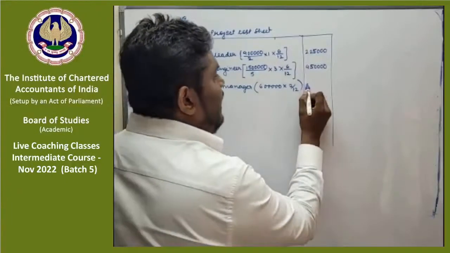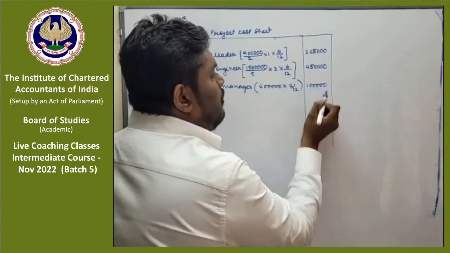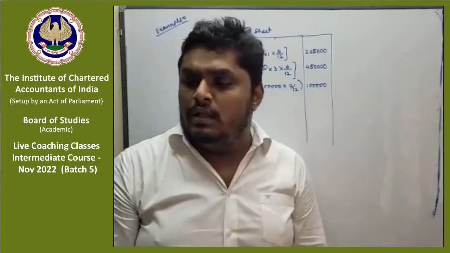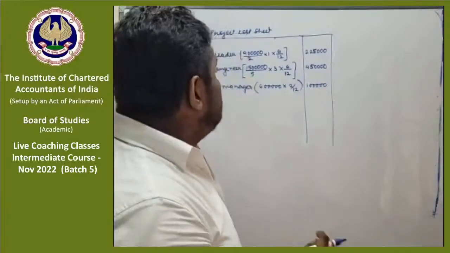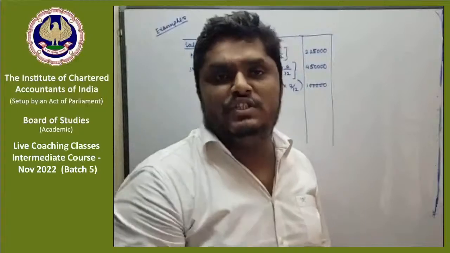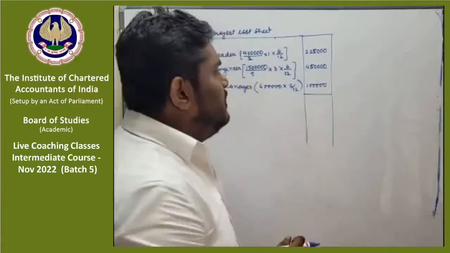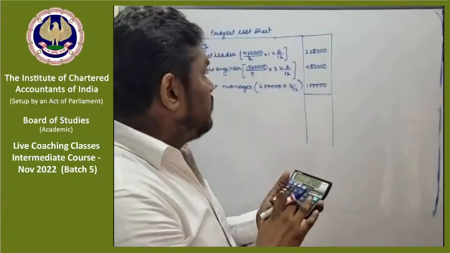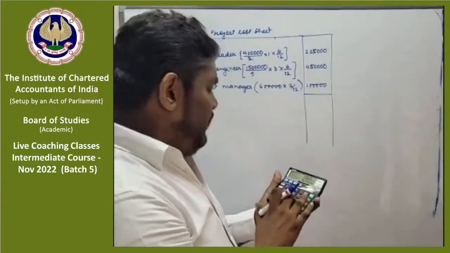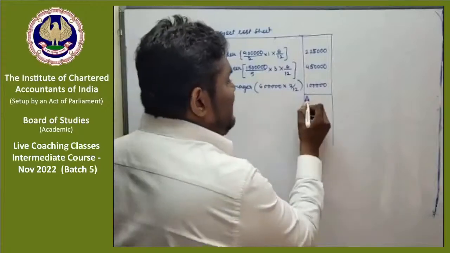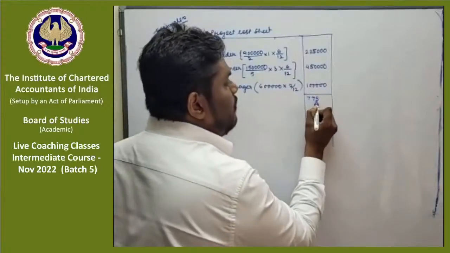So this will be 1 lakh. This is the salary cost that is charged to project XYZ. So the total salary cost will be 2,25,000 plus 4,50,000 plus 1 lakh. So 7,75,000.